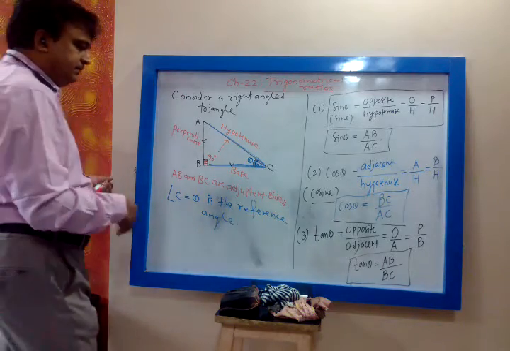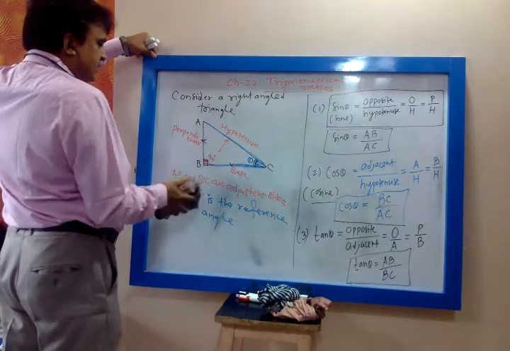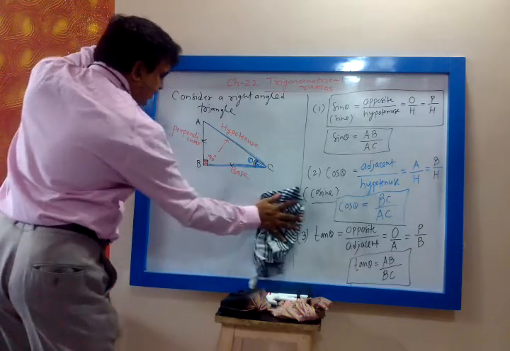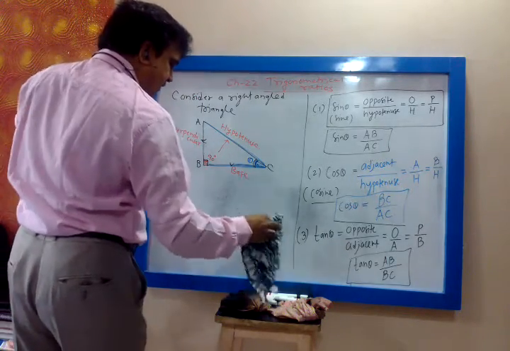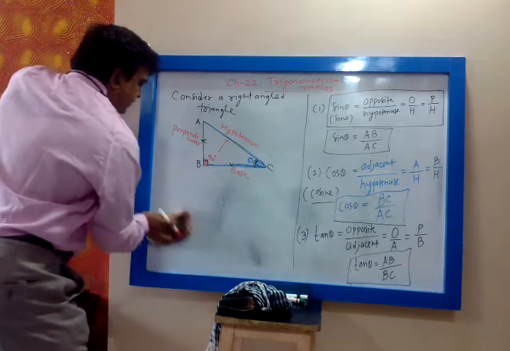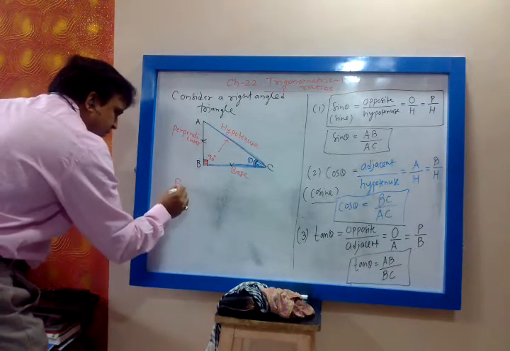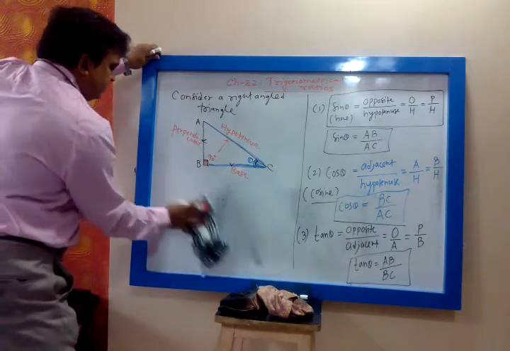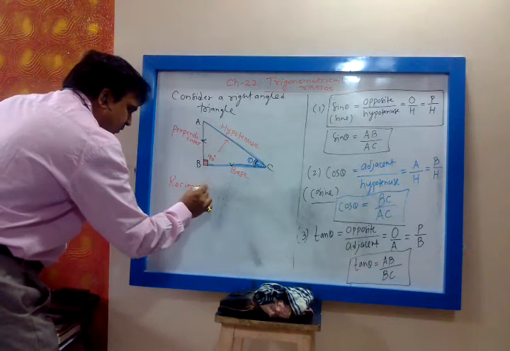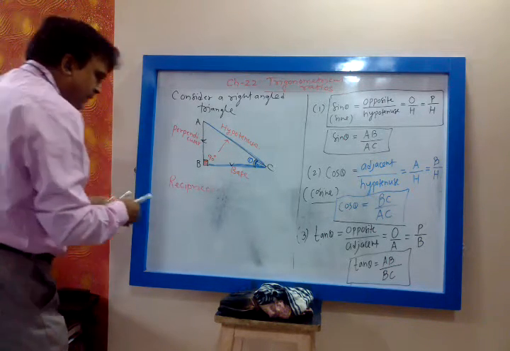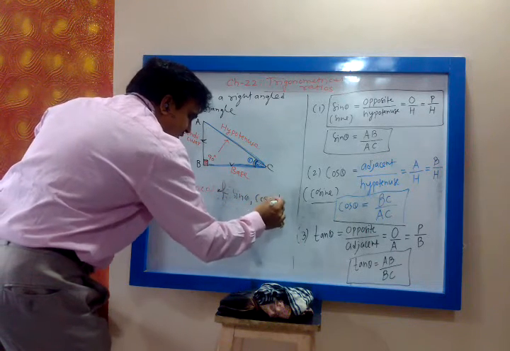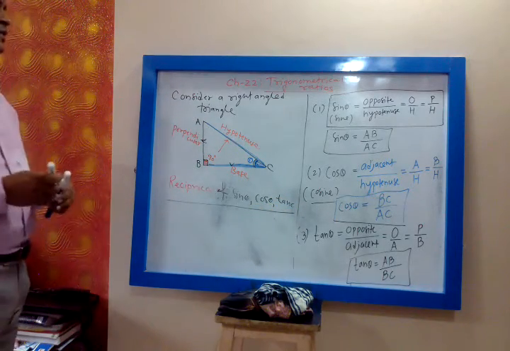Now we find the reciprocals of these trigonometrical ratios: the reciprocals of sin theta, cos theta and tan theta.